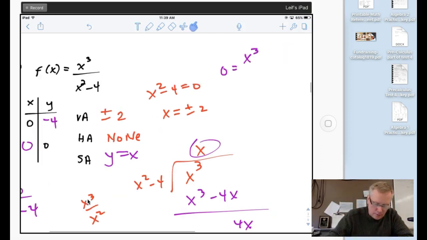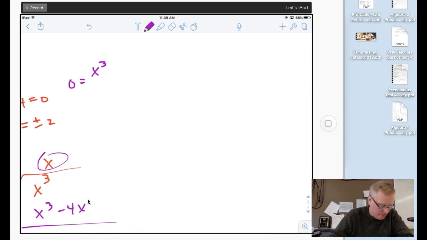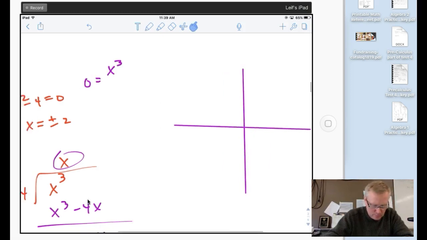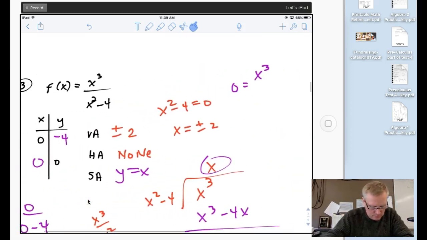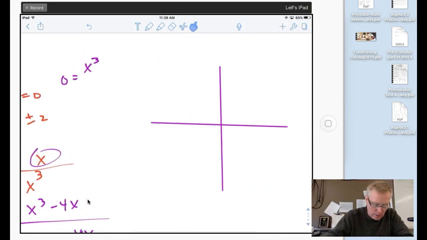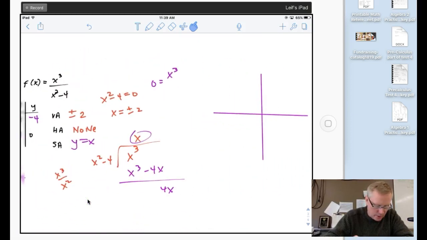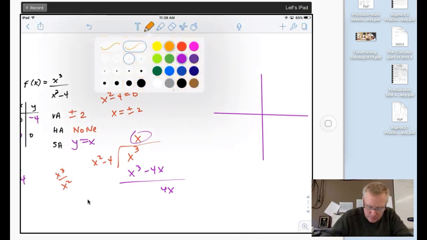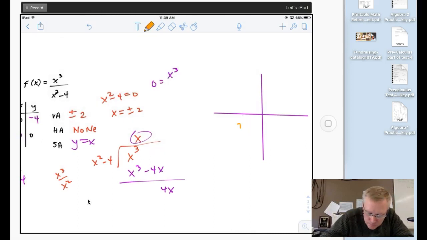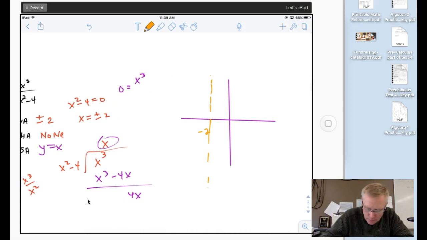let me get my graph going over here. And asymptotes, so I got vertical ones going up and down through 2 and negative 2. And over here at 2.